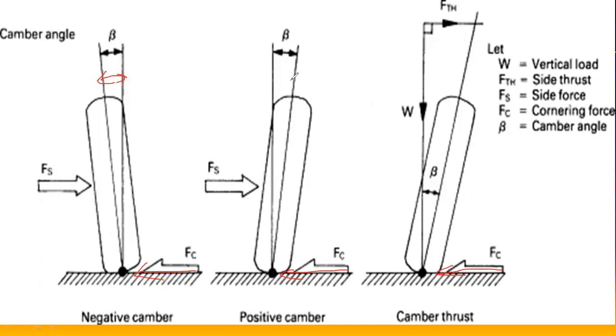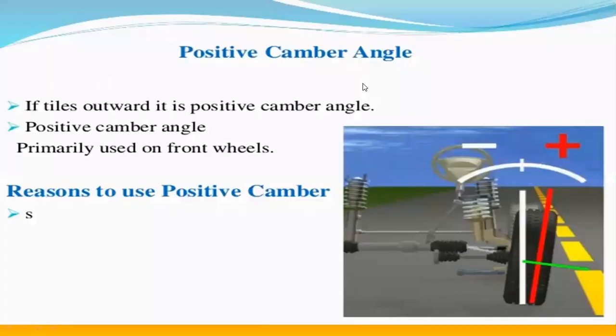You can see that in the thrust position, beta is the camber angle placed in the V. So these are the two different types of camber angles in automobile vehicles.